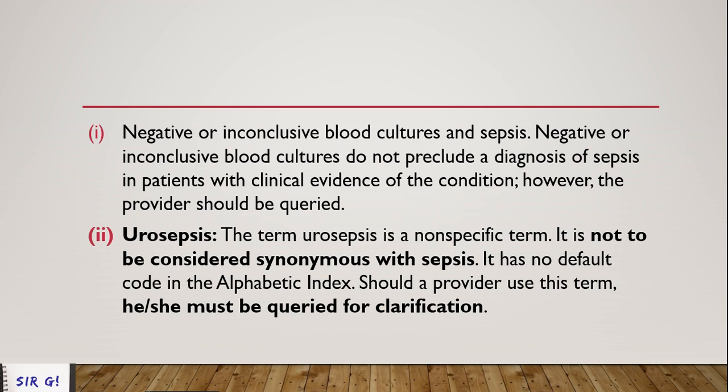Should a provider use this term, they must be queried for clarification. Okay, so keep in mind, they tend to ask, what should you do if the physician or the doctor documents the word urosepsis? And the correct answer most of the time is, keep in mind, put a note, put a star in your book, you must query the provider. Okay?